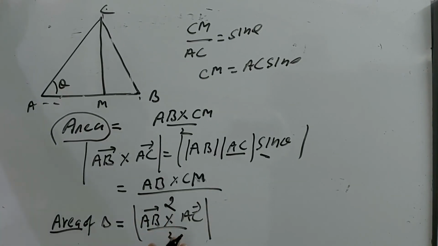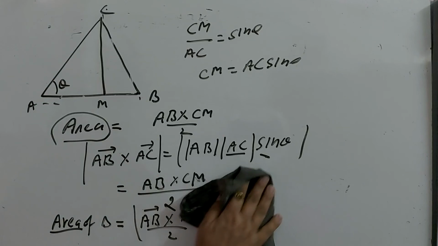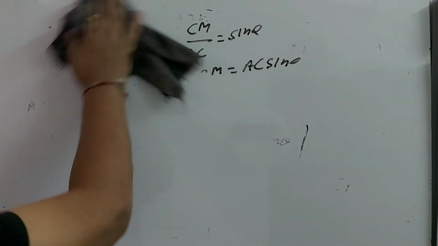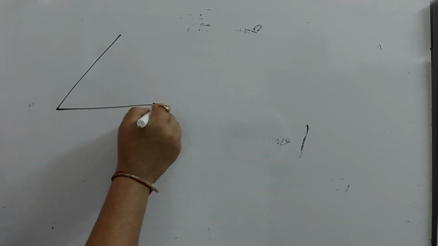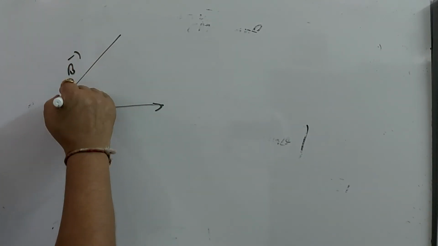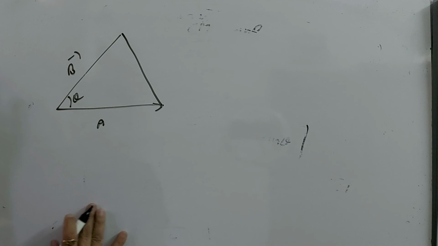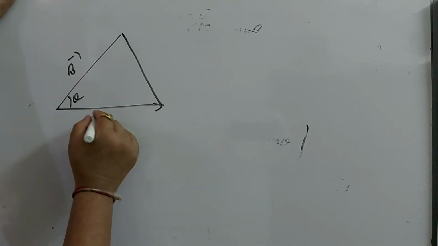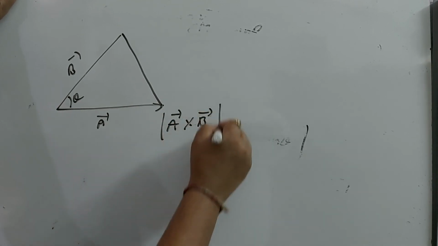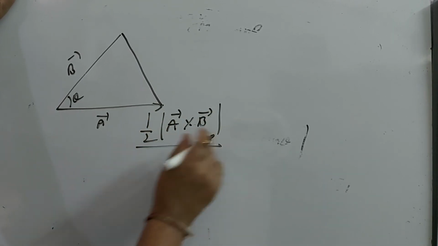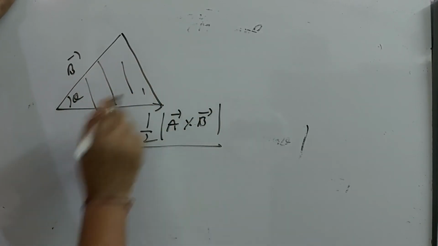Meaning only the magnitude you have to consider. So suppose we have two vectors. This triangle consists of this A vector and this B vector. Suppose this is theta, and if we have to find the area of this triangle, you just find A cross B, take the modulus value of this and take half of it. This will be the area of this triangle.